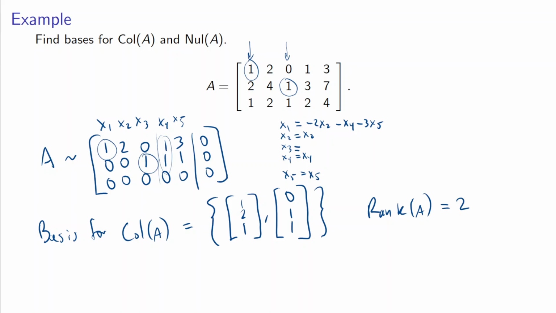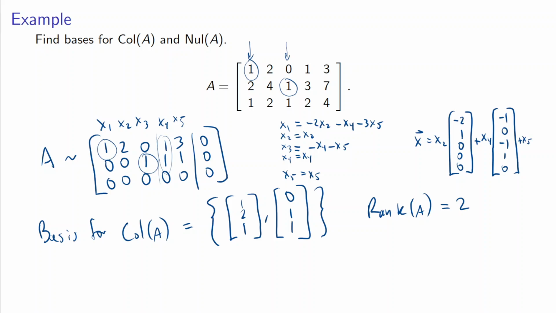And then x3 is going to be minus x4 minus x5. Okay, so x equals x2 times the vector -2, 1, 0, 0, 0, plus x4 times the vector -1, 0, -1, 1, 0, plus x5 times the vector -3, 0, -1, 0, 1.